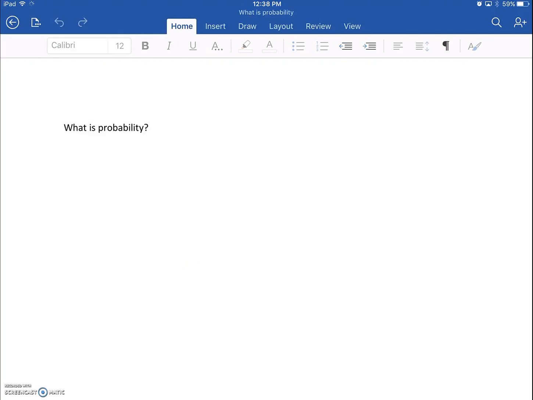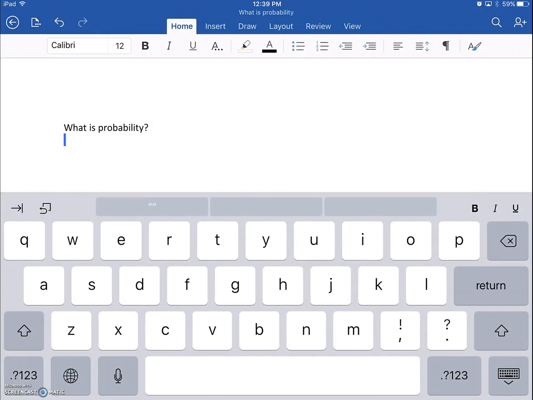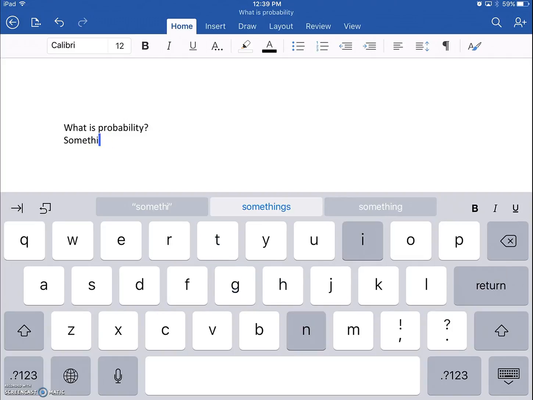Alright, so let's review what we have learned so far. So what is probability? Probability is how likely something is going to happen.